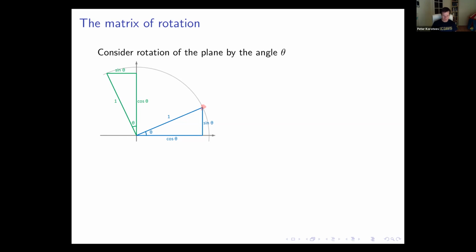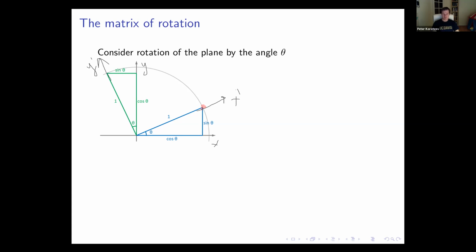And now think of it as rotating the entire coordinate frame by angle theta. And so that's the new x and y after the rotation, right? And our task is to find new x and new y as functions of old x and y. If you want, you can call them x prime, y prime, and this is x and y.